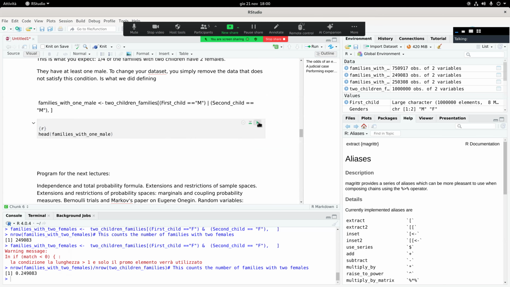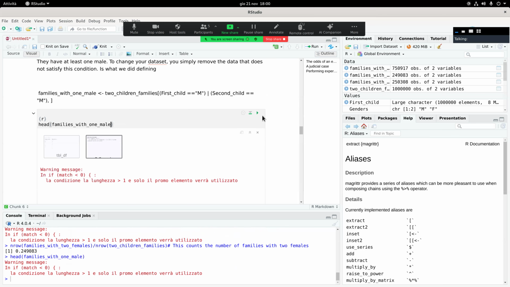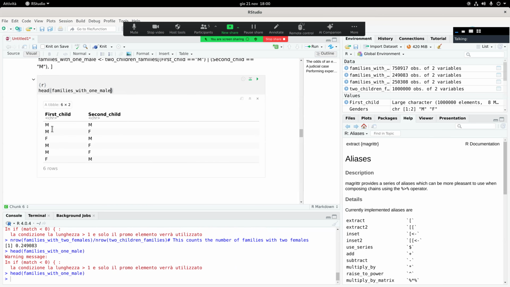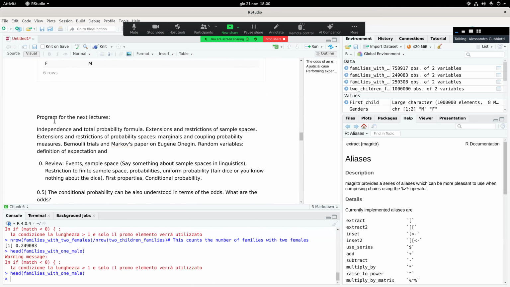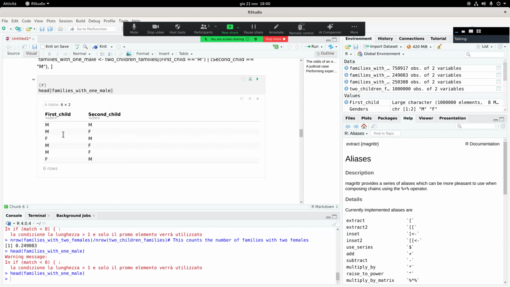We have removed, for instance, the first row. And now we do the same thing.